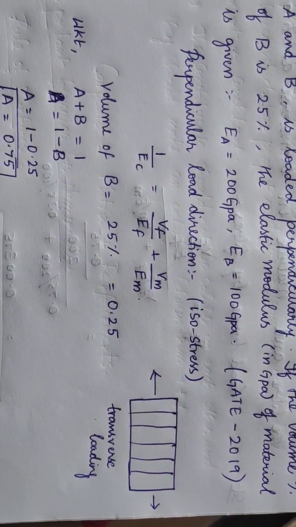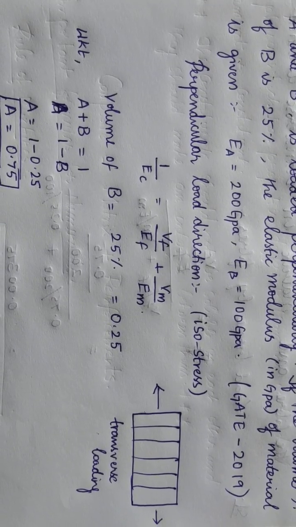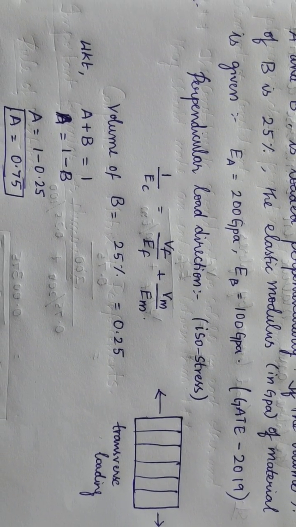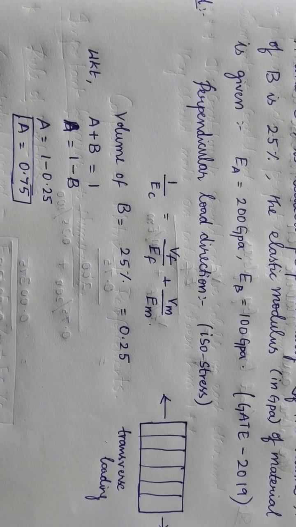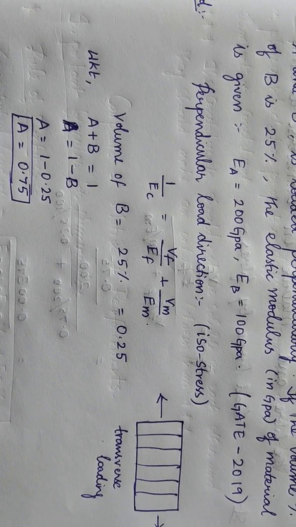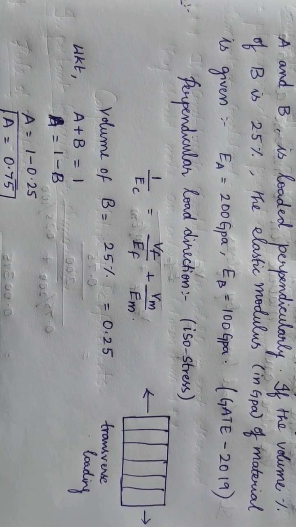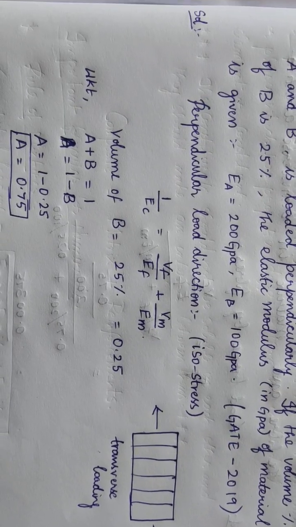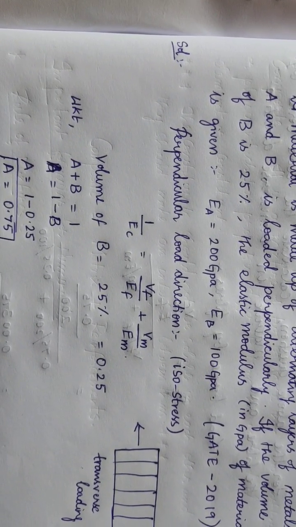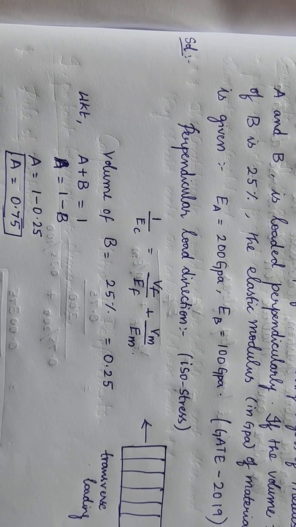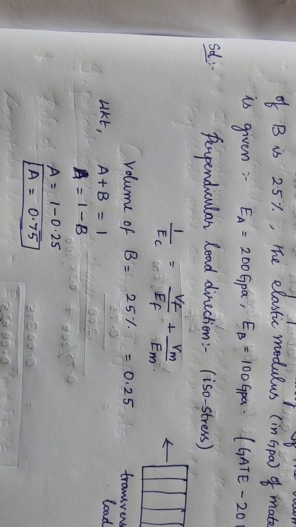Here the diagram is given, so if you see the diagram you can understand what is meant by transverse loading. The longitudinal loading will be up and down. We've been given the volume of B as 25%, which can be written as 0.25.